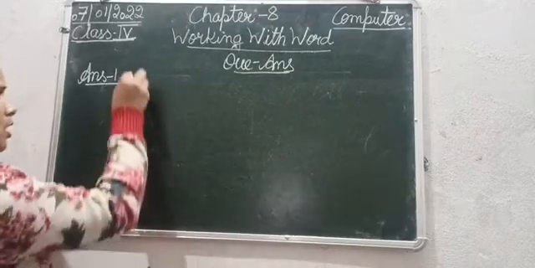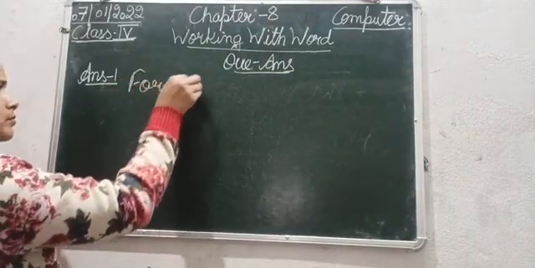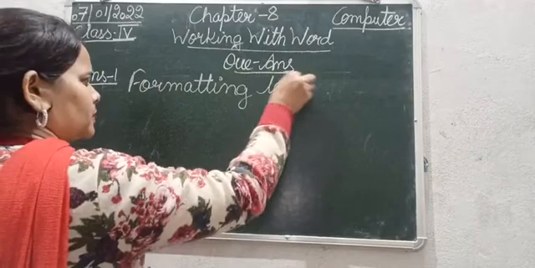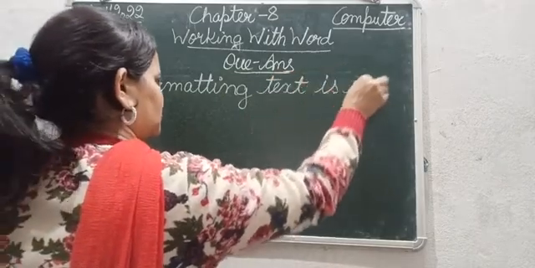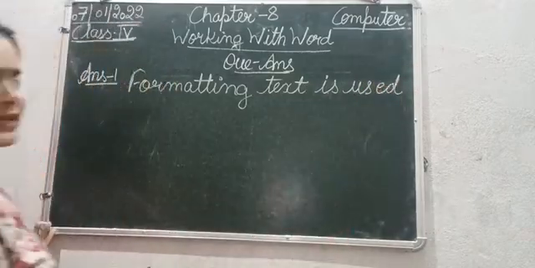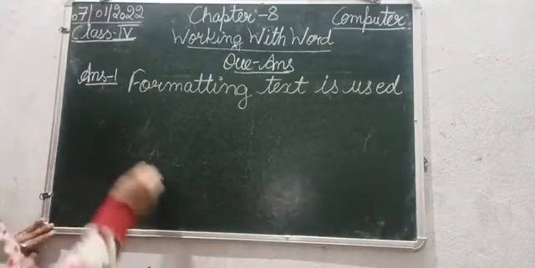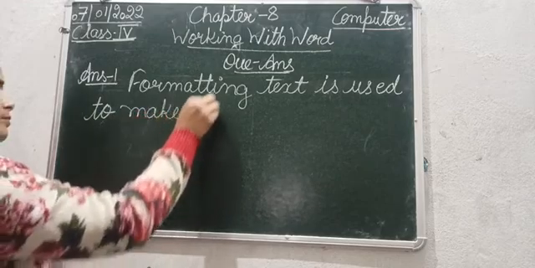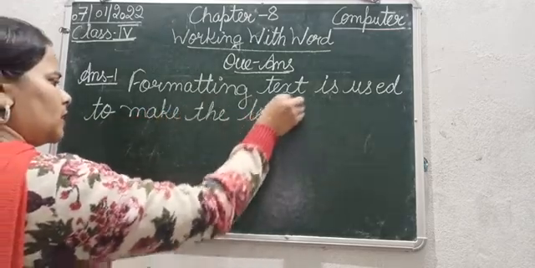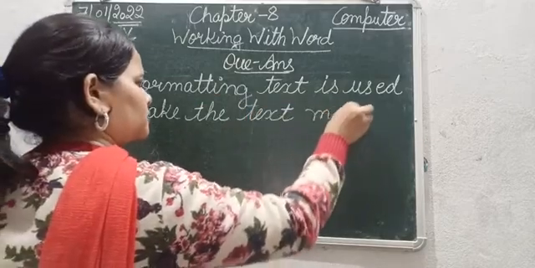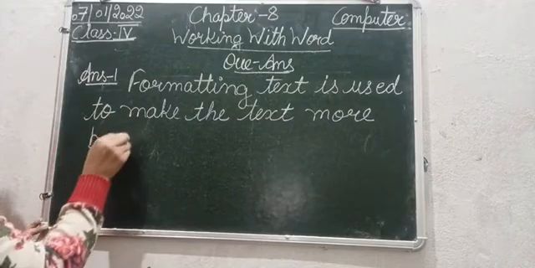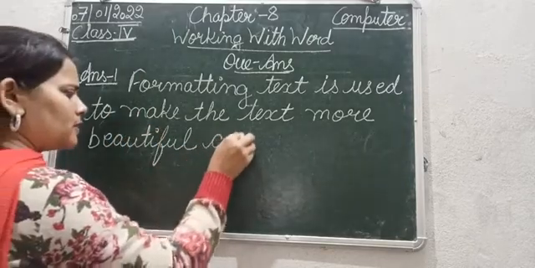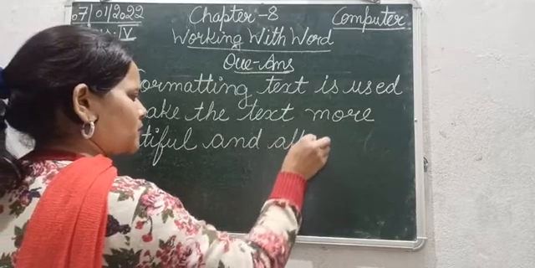Write down: formatting text is used to make the text more beautiful and attractive.